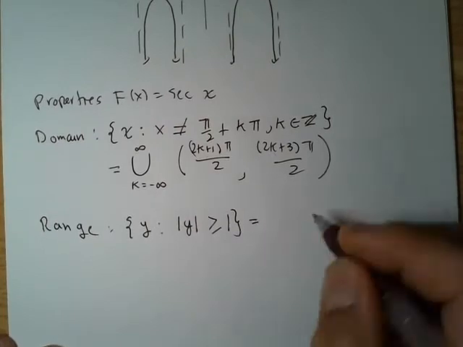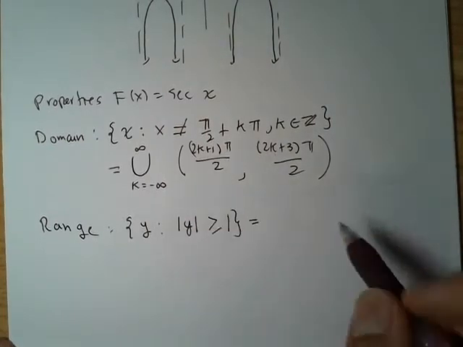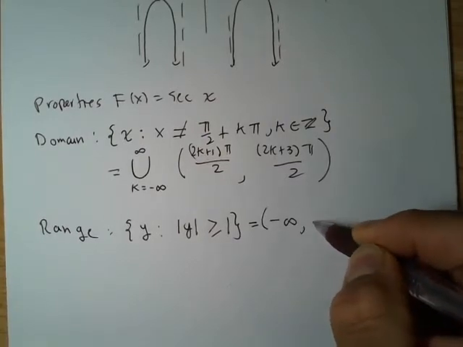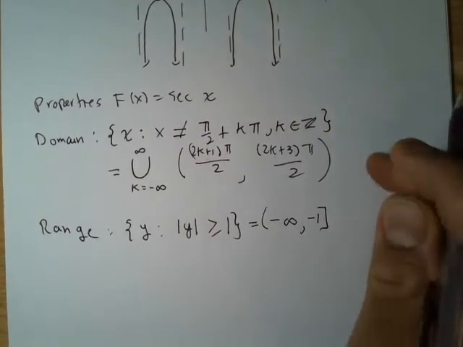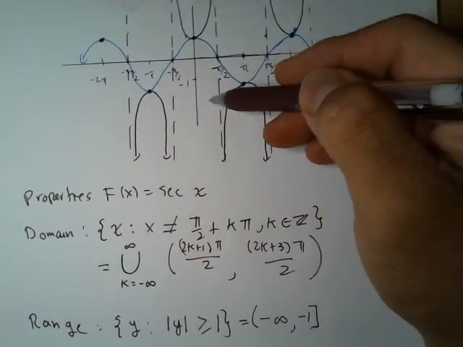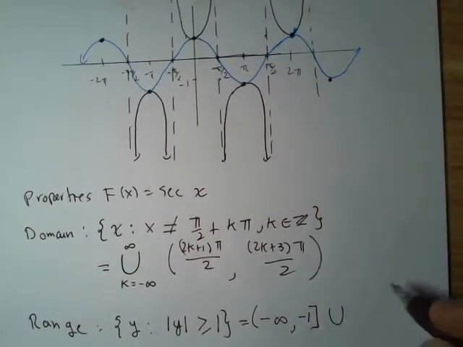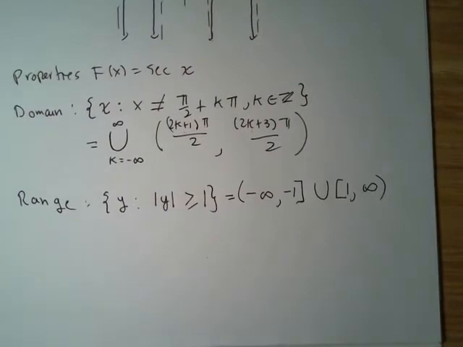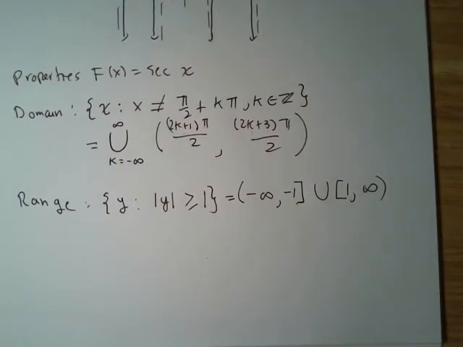In terms of interval notation, it's a lot less complicated than this. The two intervals would be from negative infinity to -1, inclusive of -1. From here to here, we have a gap, and then union from 1 to infinity. All right. So it looks like that for the range.